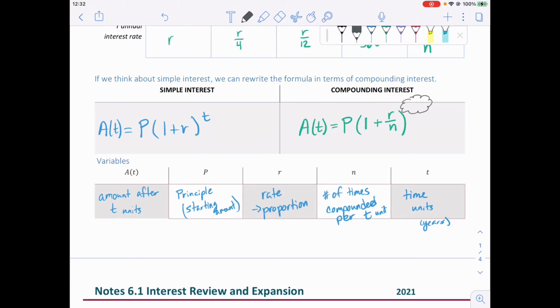What goes up here? You might think it's t, but it's not, because up here should be the total number of times we calculate interest as it counts.